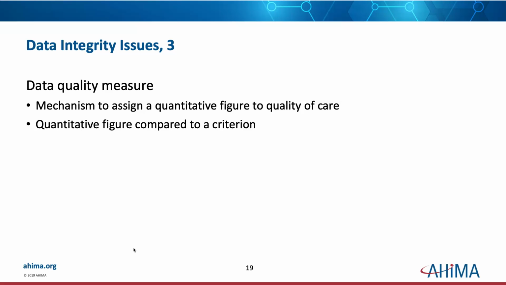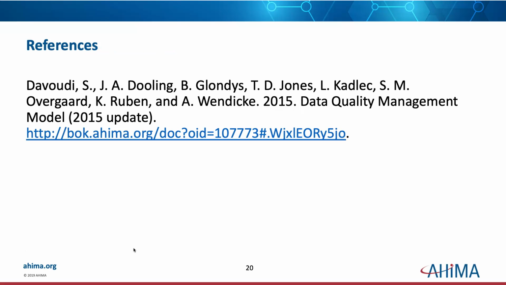And they are supposed to be compared to a criteria or criterion. Criterion is singular, criteria is plural. And depending on the data quality measures that you use, you have to be really careful that you're being consistent and that they make sense. So just a heads up.